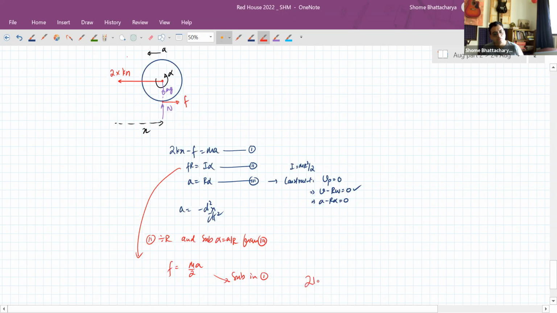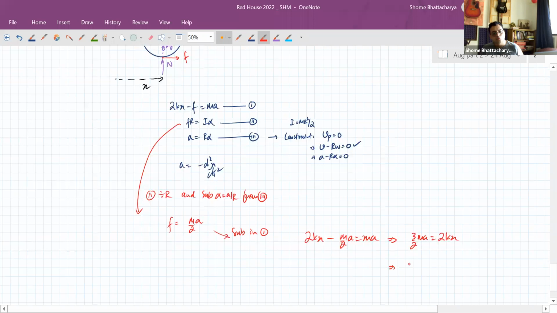So we have 2kx minus m by 2 a is equal to ma. So 3 by 2 ma is equal to 2kx. So a, which is minus d2x by dt square, will become 4k by 3m times x, which is our equation of SHM.